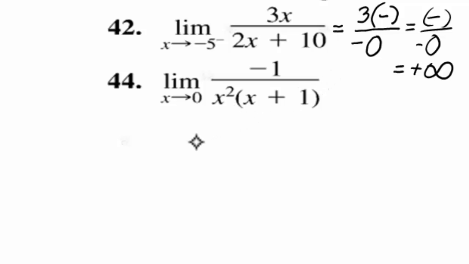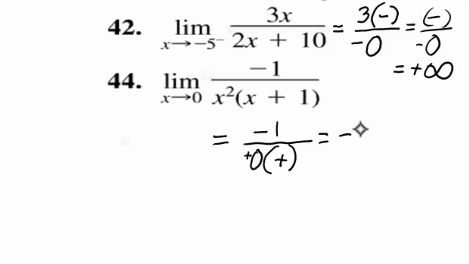So in number 44, you have a negative 1 divided by something that will always be close to positive 0, and then 0 plus 1, that's just positive. So all in all, you have a negative divided by a number very close to 0 positively. Then the whole expression will approach negative infinity.